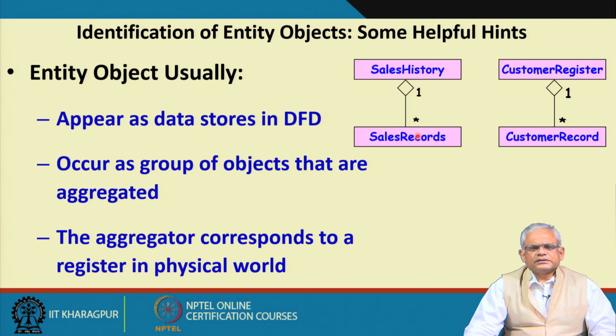If we have sales records, a large number of sales record objects, these are aggregated into a sales history object. This is the aggregator; the sales history object is the aggregator of the sales records. And similarly, for the customer records, there are a large number of customer records, and we have this aggregator customer register. For a large number of books in the library problem, we will have a book register.